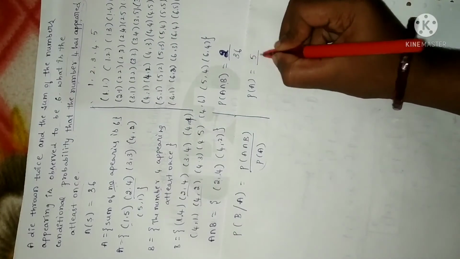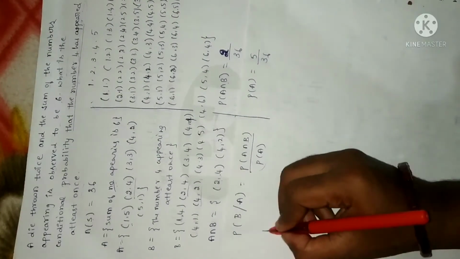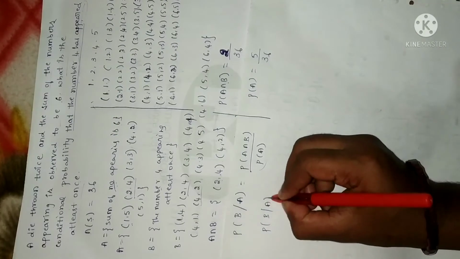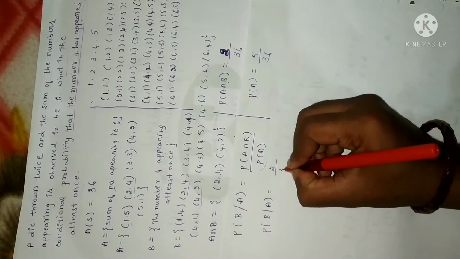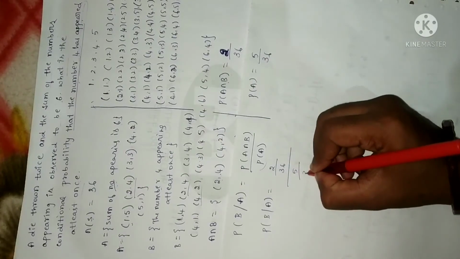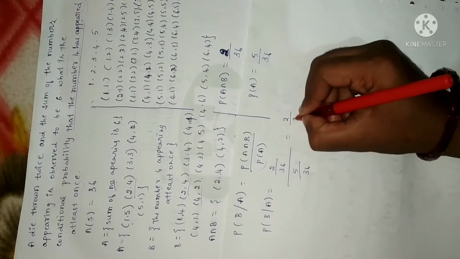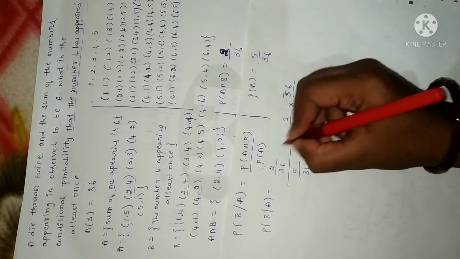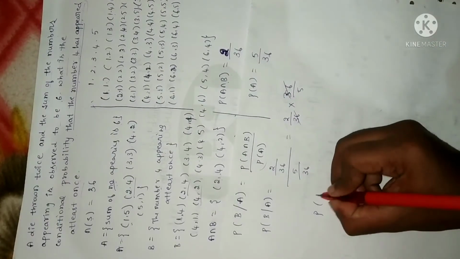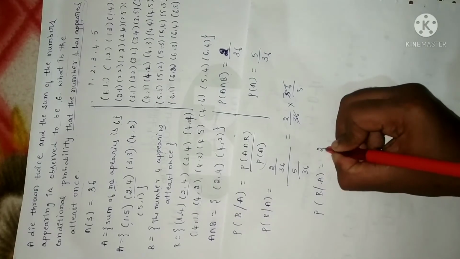So it is 5 divided by 36. Now let me substitute. The probability of B with reference to A is 2 by 36 divided by 5 by 36. On simplification, you will get 2 by 5. So the probability of event B with reference to A is 2 by 5.